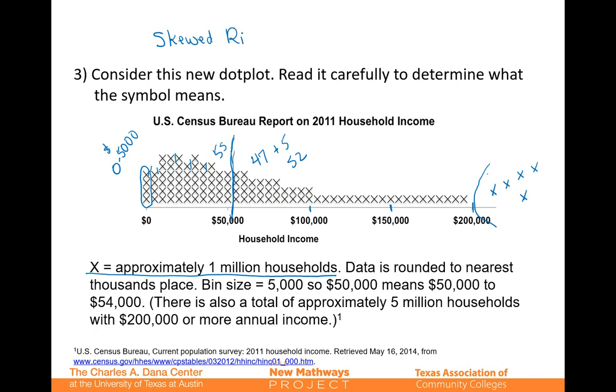And you go, but Miss Hughes, there's more points on the left, and you're true. That might not seem obvious. Skewed right means that if you find the peak of the graph, and here's the peak way up here, the average is to the right of the peak.